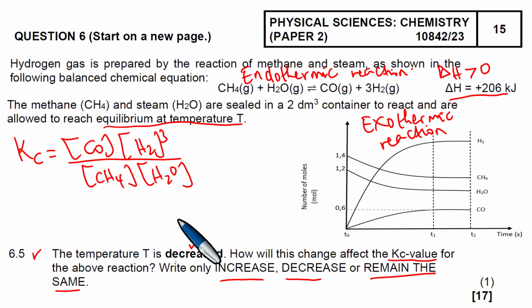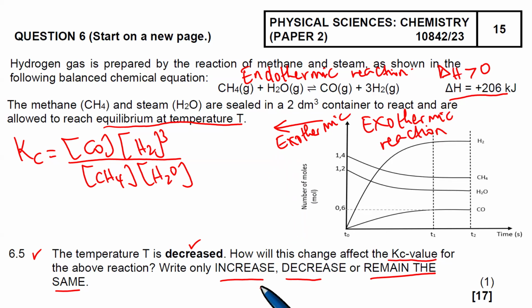It means that the forward reaction is going to be favored by an increase in temperature. So if the forward reaction is endothermic, then the reverse reaction is going to be exothermic. Learn this, grade 11 learners and grade 12s.